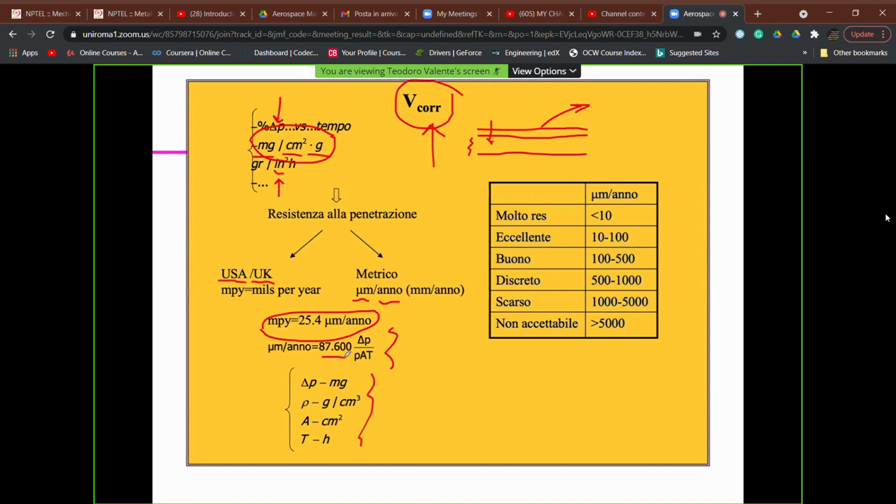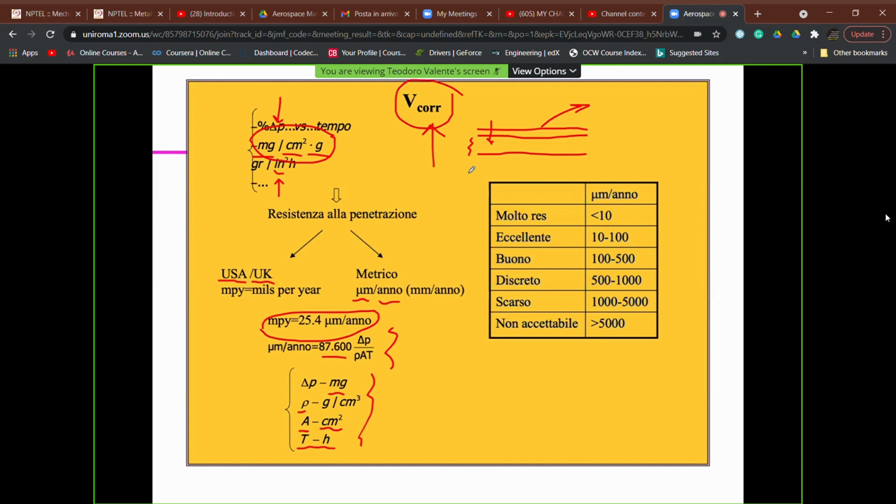This formula with this constant is valid if we express the weight lost in milligrams, the density of the material in gram per cubic centimeter, the surface exposed in square centimeter, and the time in hours. So this means that the unit of measurement linked to the weight variation can be put directly in relationship with a sort of linear expression of the corrosion rate, which is the resistance to the penetration.